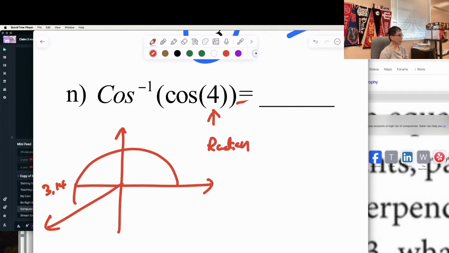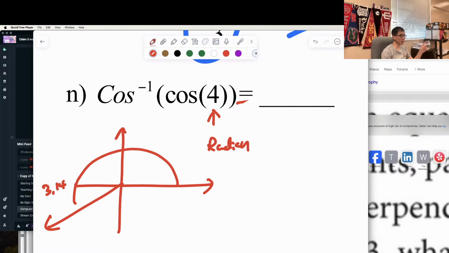This is kind of important. 4 represents that. Now cosine inverse has to be where? Well, cosine of 4, do you think it's going to be a positive or negative value? How did you get positive? Quadrant 3, since it's inverse.